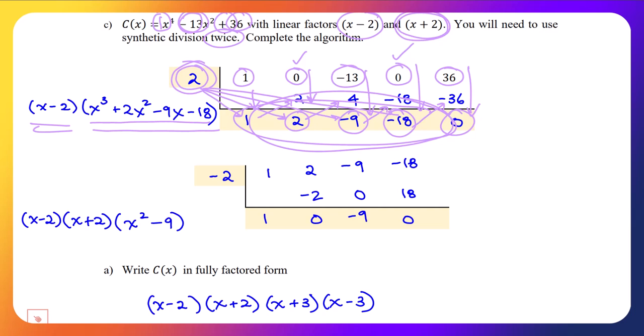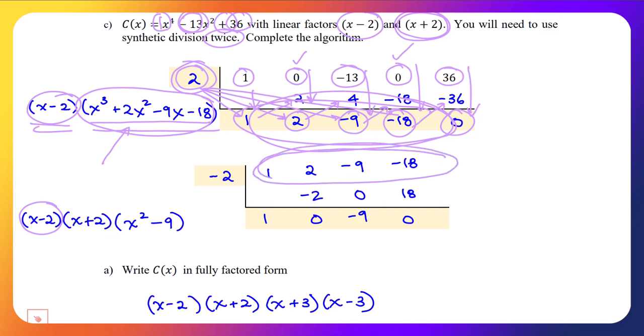So here's what I'm going to do. I'm going to factor just this part. I'm going to keep the x minus 2, and I'm going to take this part that remains as my new dividend, the thing that I'm dividing. And this time, I have to use, because this is x plus 2, it's really x subtracting a negative 2, so the negative 2 goes here now.